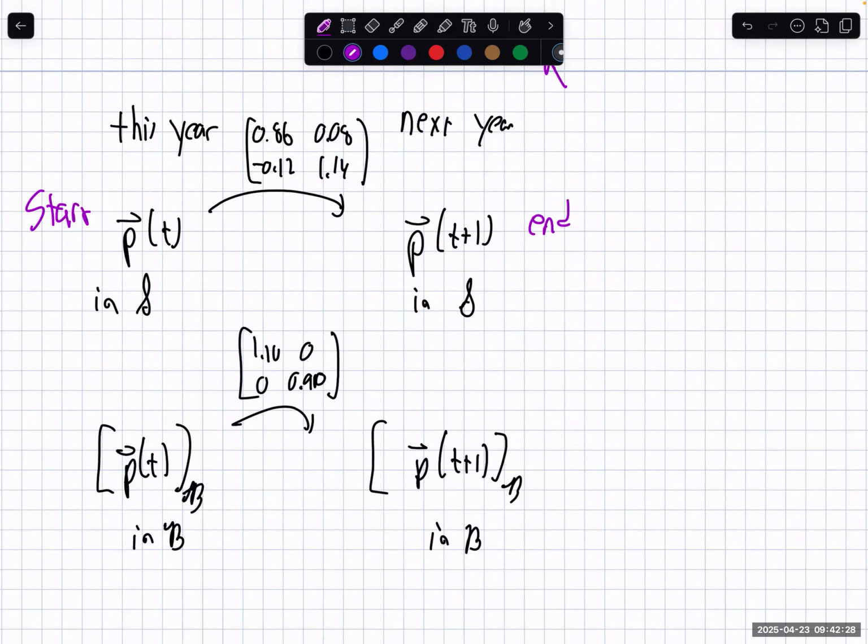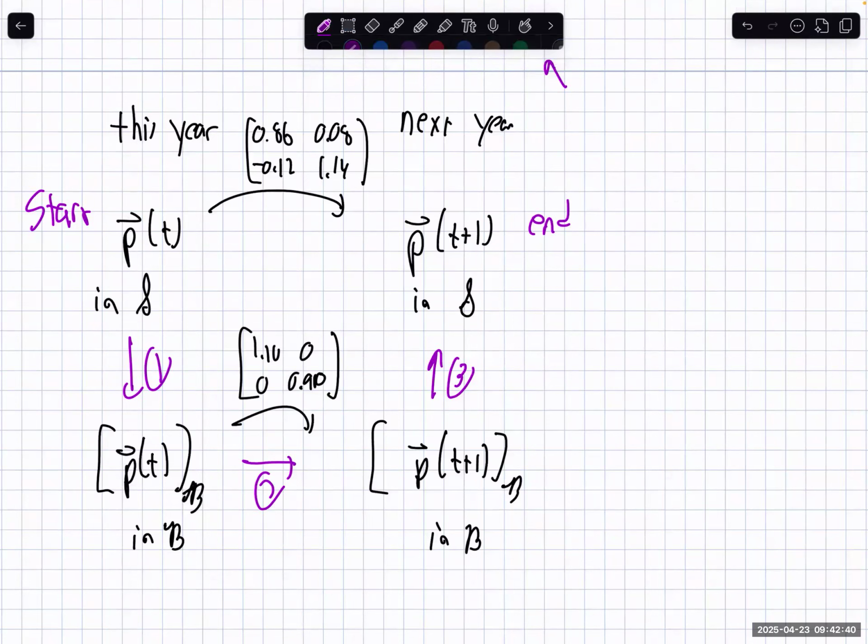We can either do it directly with the given transition matrix, or we can write it as a three-step process. So just names. This is often called the matrix A. It's just given. D for diagonal.